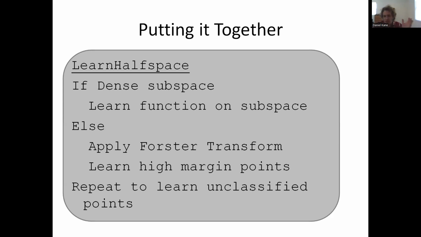This is an improper learner because it gives you one hypothesis for the first set of points, and then, of the remaining set of points, it gives you maybe a different hypothesis, a sort of decision list of half spaces instead of just a single half space. But given that we have this strongly polynomial approximate Forster transform, this gives us a strongly polynomial time algorithm.